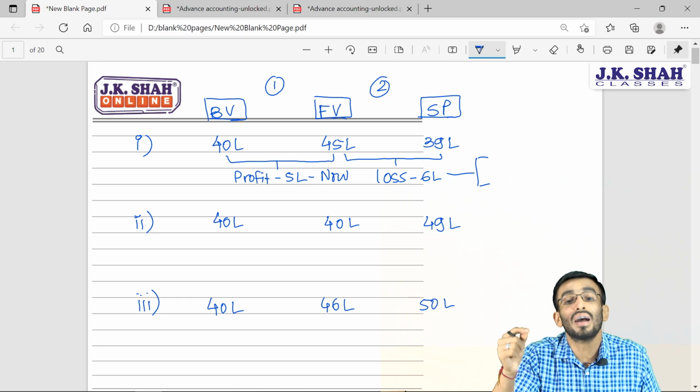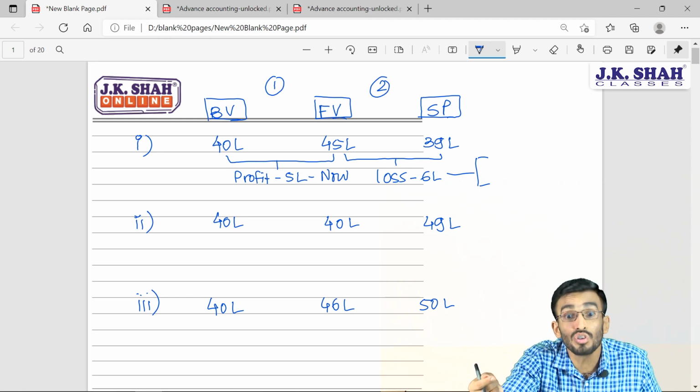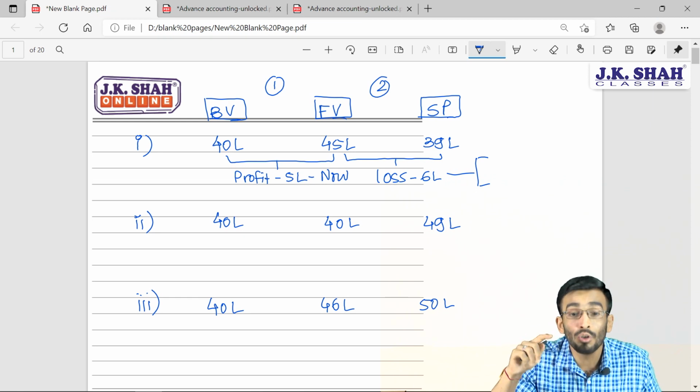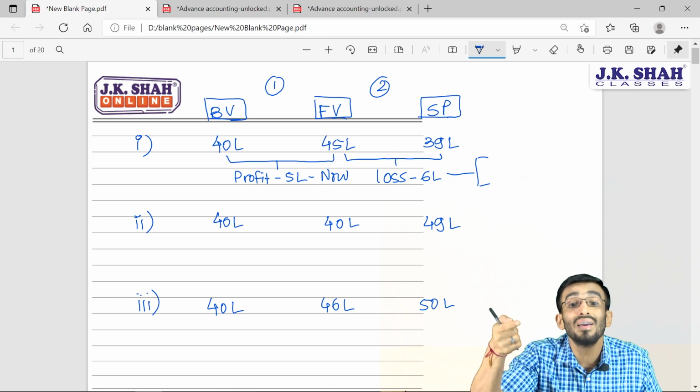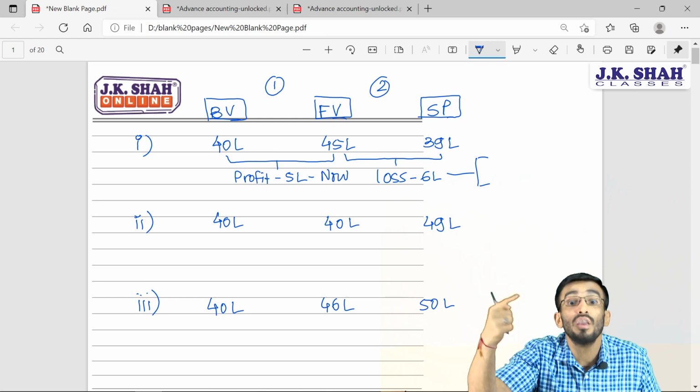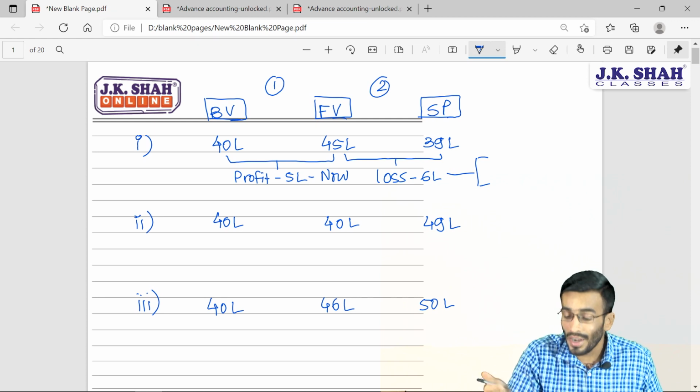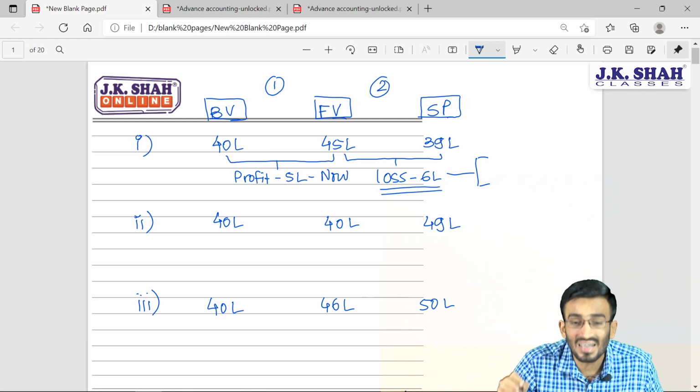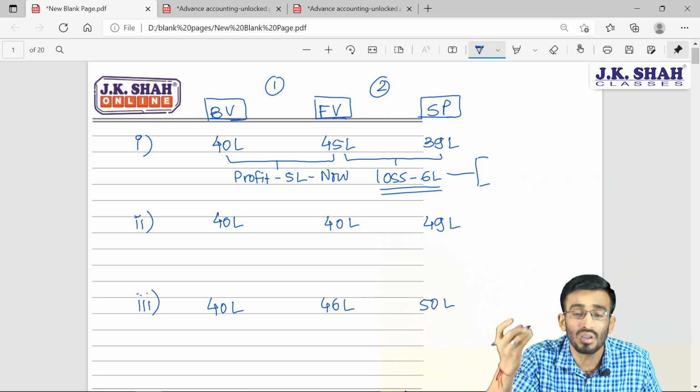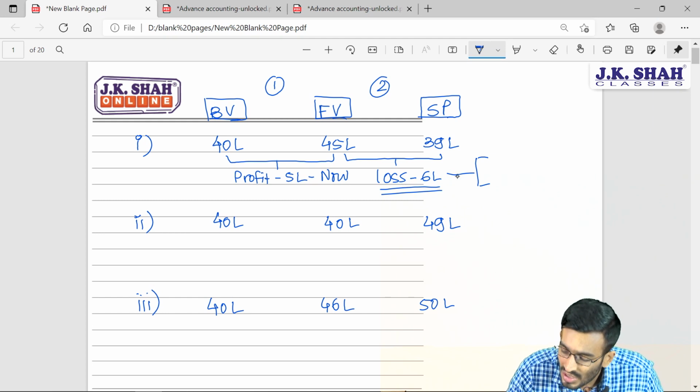So sir, we are going to get benefit in the future. So this loss is going to be compensated by the reduction in the future lease rental. So we are going to get benefit because of this loss of 6 lakhs. Then definitely this loss of 6 lakhs needs to be amortized.